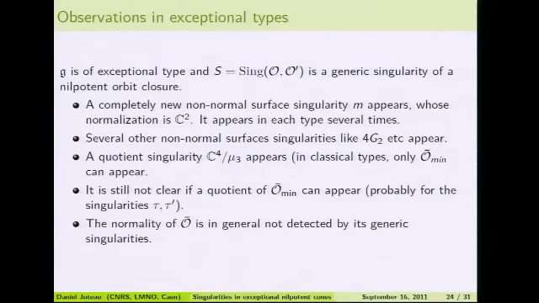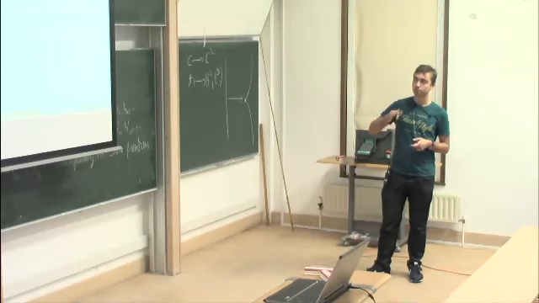And here, in classical types, a non-normal orbit could be detected in codimension 2 and it was not branched. So sorry, it was a branched non-normality. But here, there are cases with non-normal orbit closures which you cannot detect just by the generic singularities.